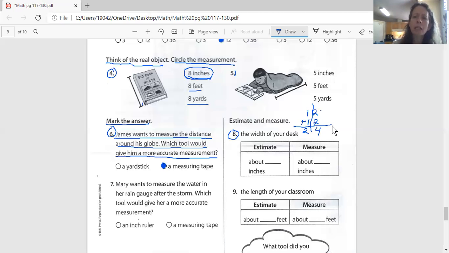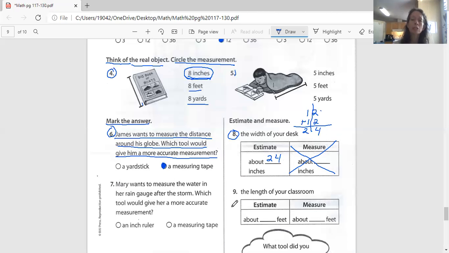So we might say it's about 24 inches, okay? And we'll just skip this part because we are not in the classroom right now, and we can do that later. Okay. Are we going to do number 9 today? No, not today, because we'll do that tomorrow.